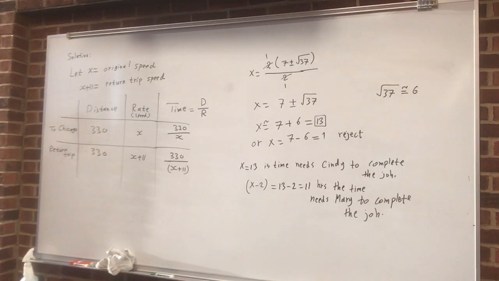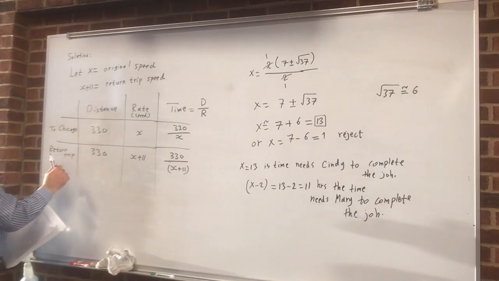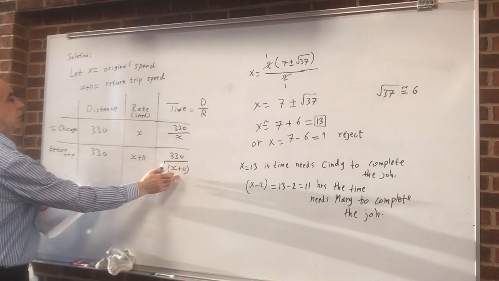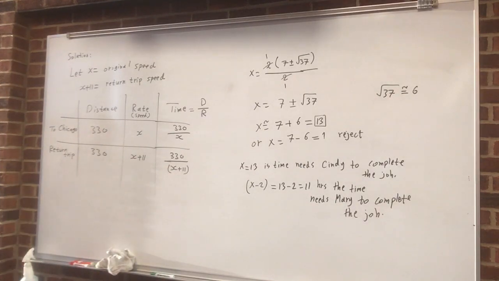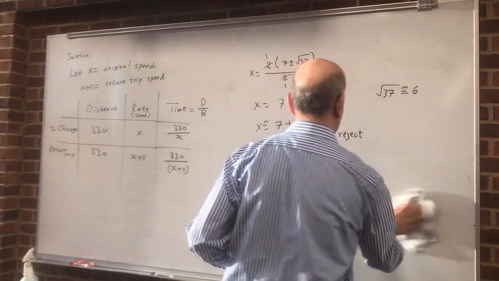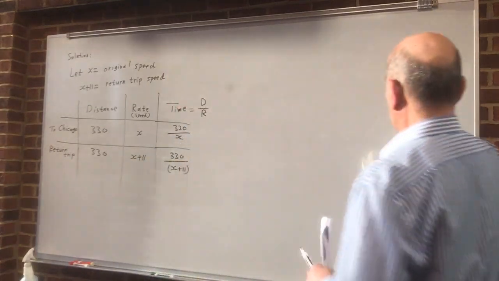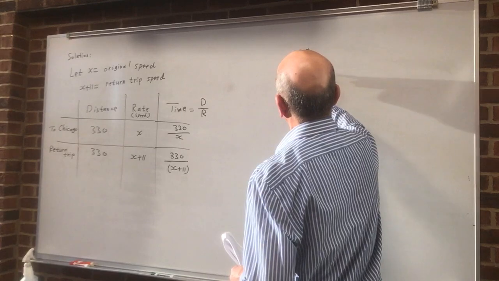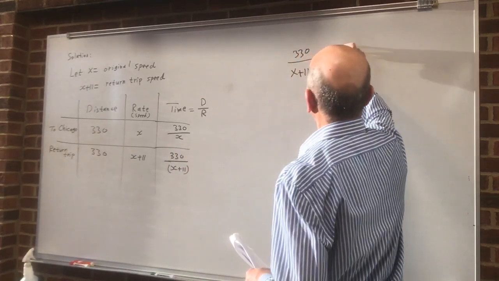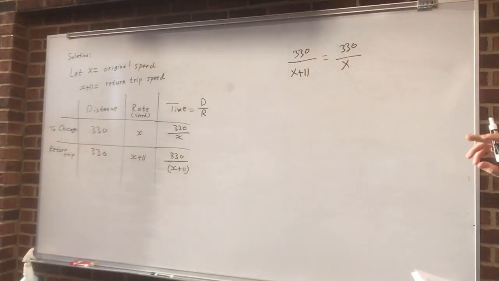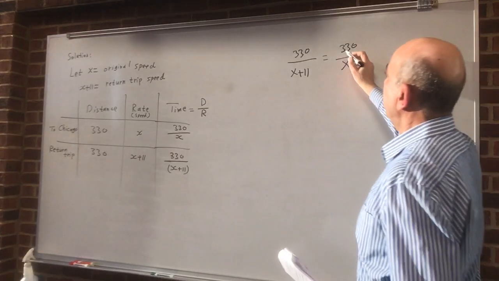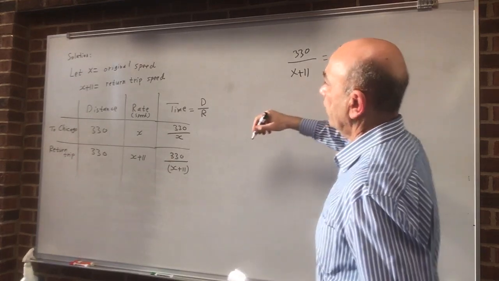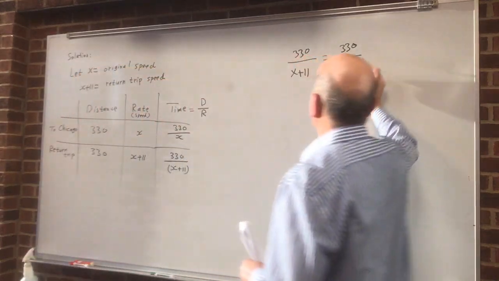Now, if her return trip took 1 hour less time, the equation here is 330 over x plus 11, her return trip, equals 330 over x, the time for going to Chicago, minus 1.